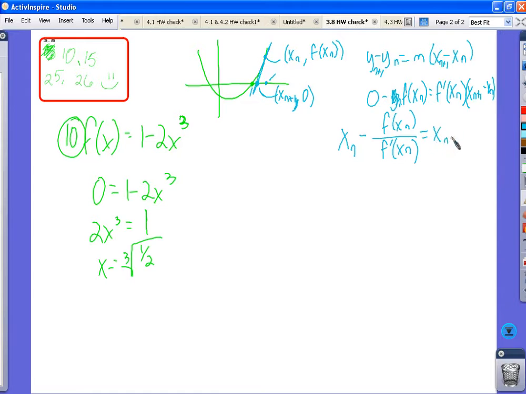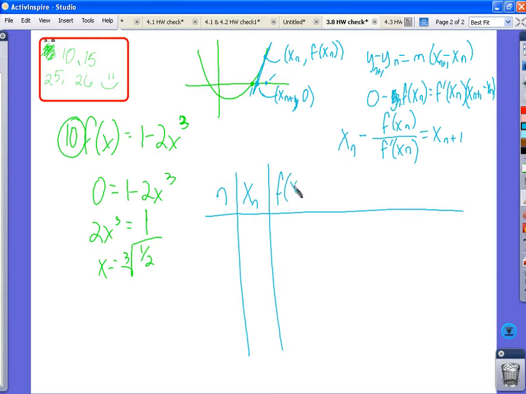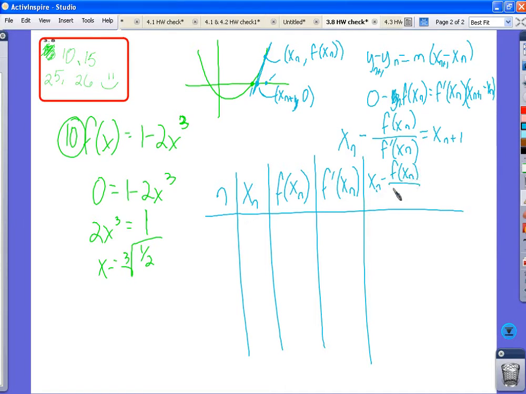That gives us our next guess every time. So this is the number of our guess, n. And this is the x that we're talking about. This is the y value at that x. This is the value of the derivative at that x. And then we take x of n minus f of x of n over f prime of x of n. Okay. And this would be the next guess.